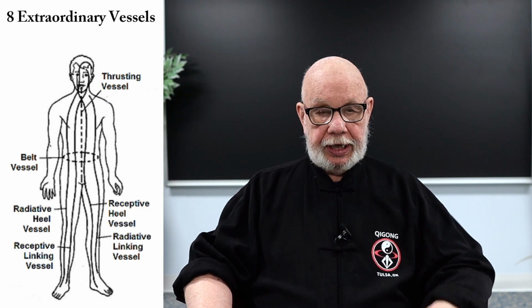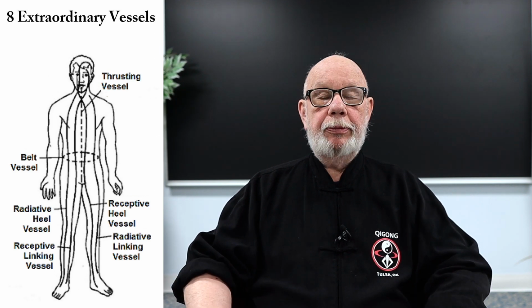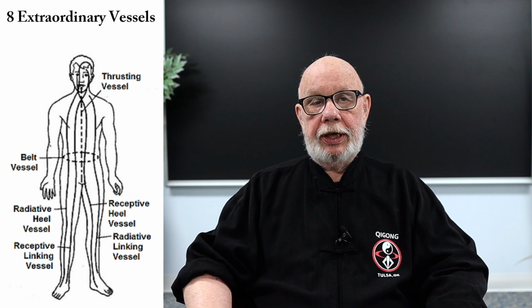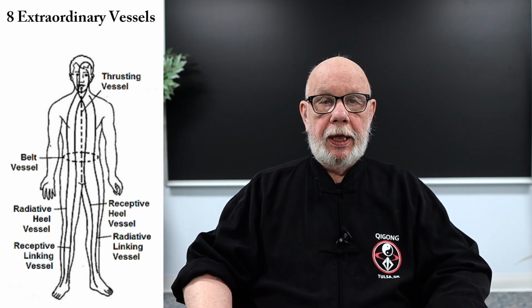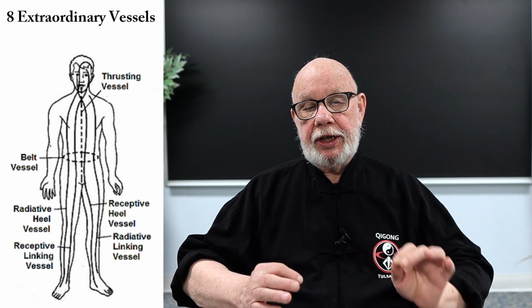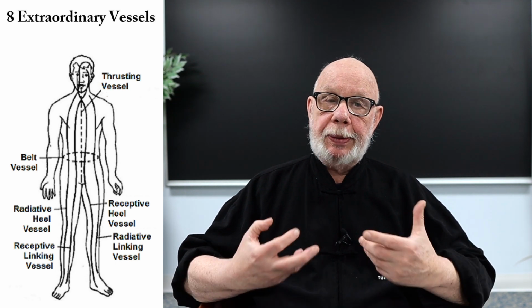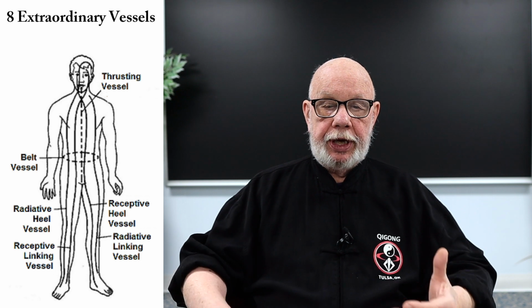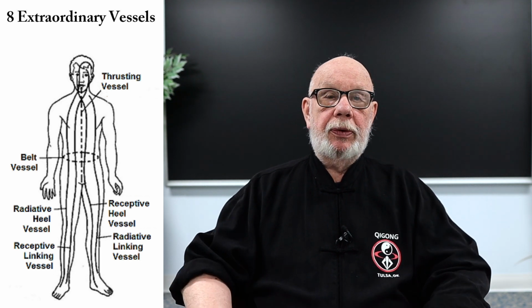And in Qigong, we have 8 extraordinary vessels. Now, you're familiar with the word meridian. Meridians are conductors of bioelectricity. Well, the vessels conduct bioelectricity as well, but they are connected to or supply meridians with the proper amount of bioelectricity.